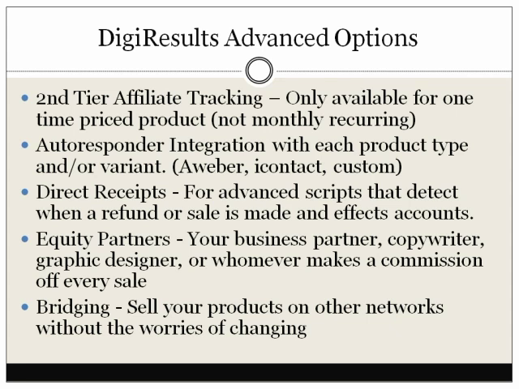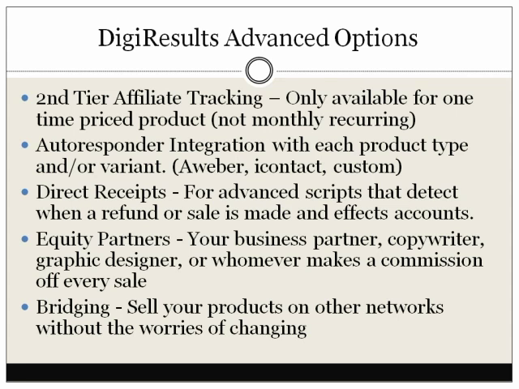And of course, Digi Results has bridging, which is one of the more advanced options. I'll say that most sites do not have this type of option, which is really good part of Digi Results. But basically, bridging is selling your products on other networks without the worries of changing your other networks.